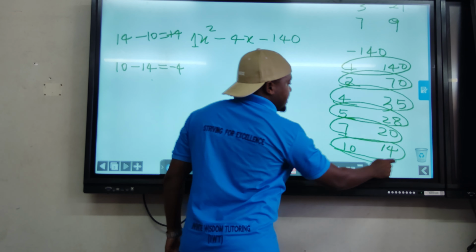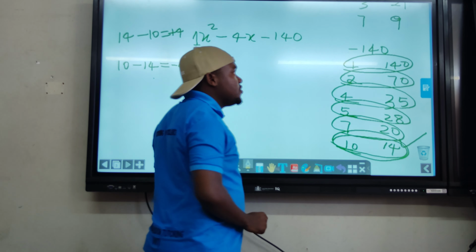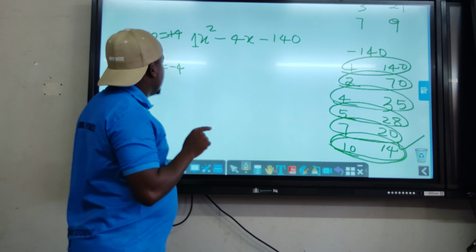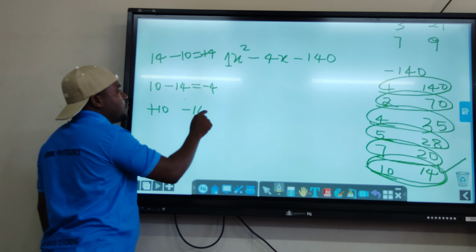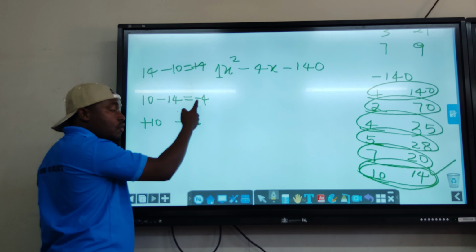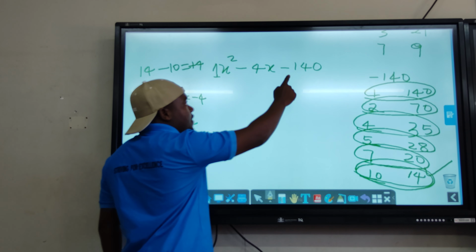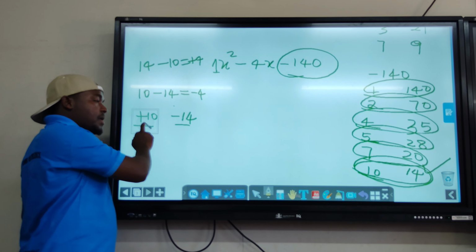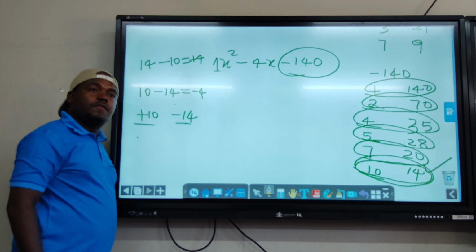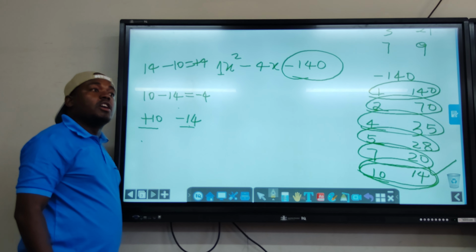So the two, this 10 and 14, are seemingly correct. But I go here, I have positive 10 and I have negative 14 for me to have negative 4. I multiply the two to see if I will get what I have there. Do I get it? Yes. A positive 10 multiplied by negative 14, what do I get? Negative 140.